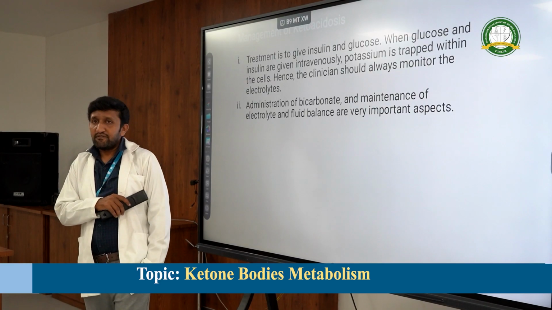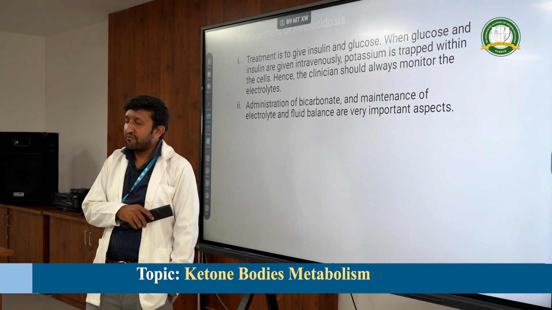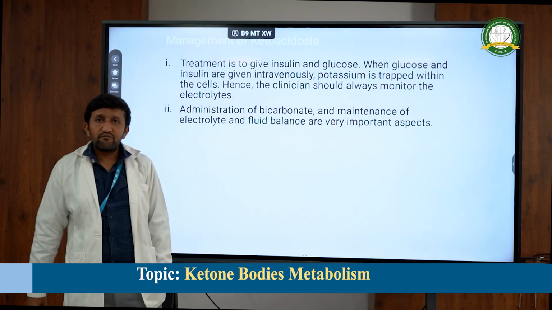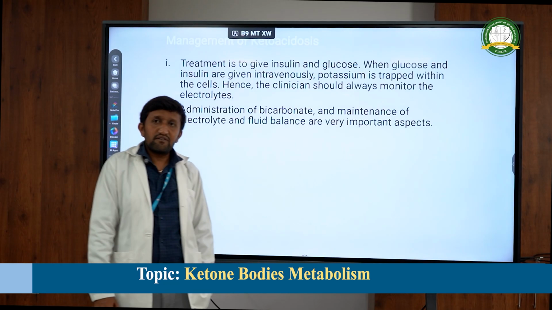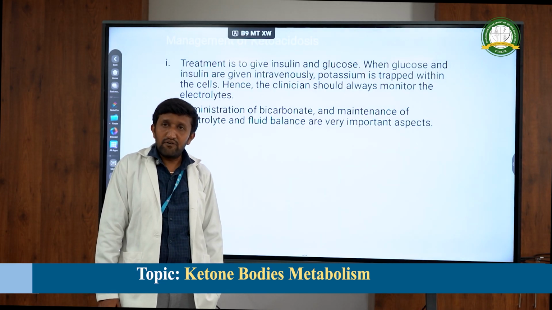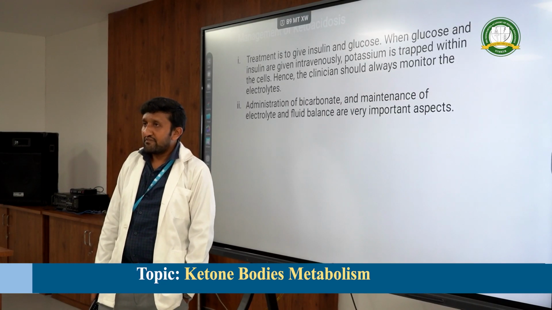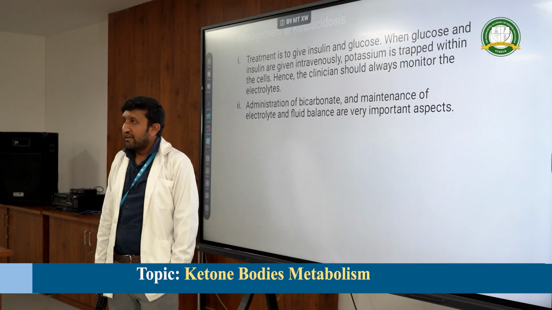So when it comes to the overview of ketone body metabolism, ketone bodies are very important. They serve as a fuel energy when there is an absence of glucose. Ketogenesis takes place in the liver.